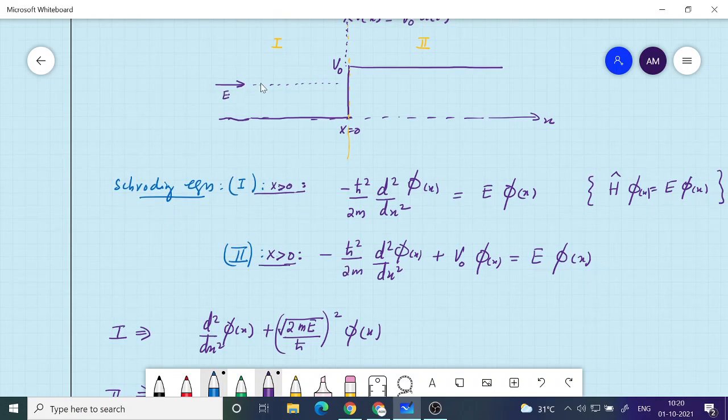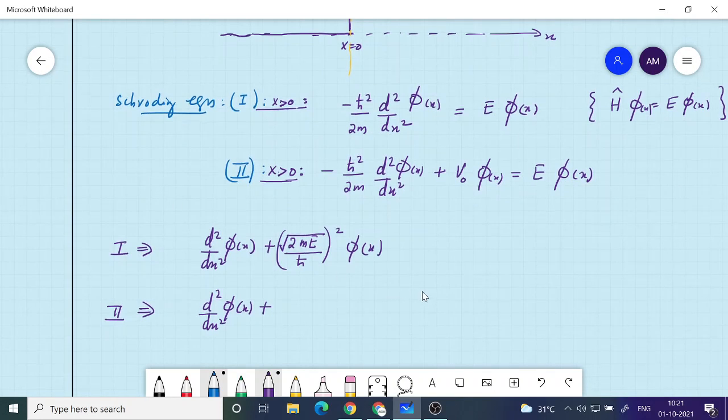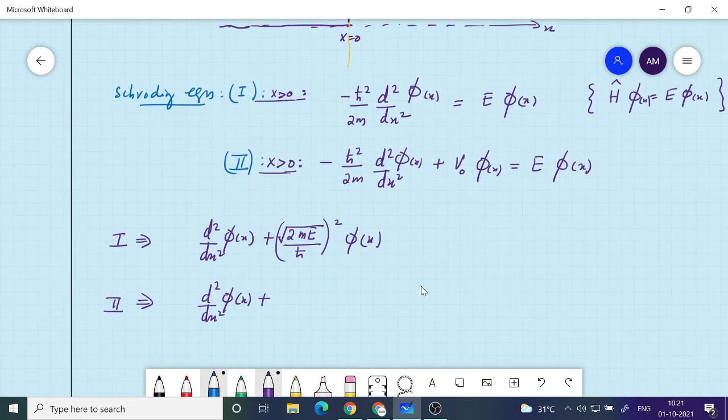So the energy of the coming electron which is going to come to this barrier wall is lesser than the potential of the barrier.